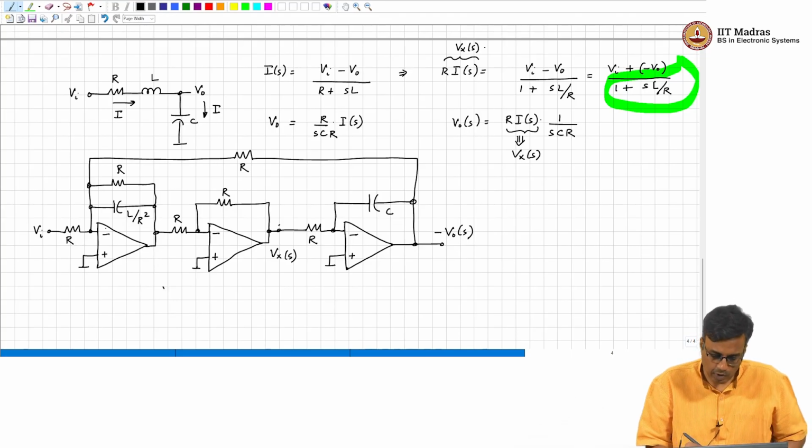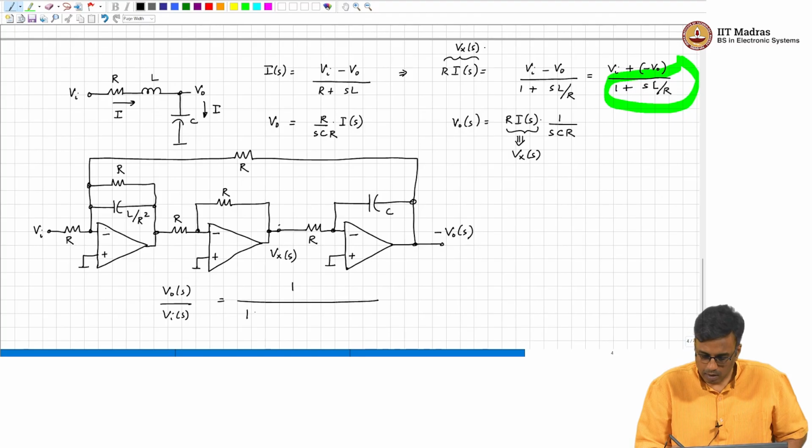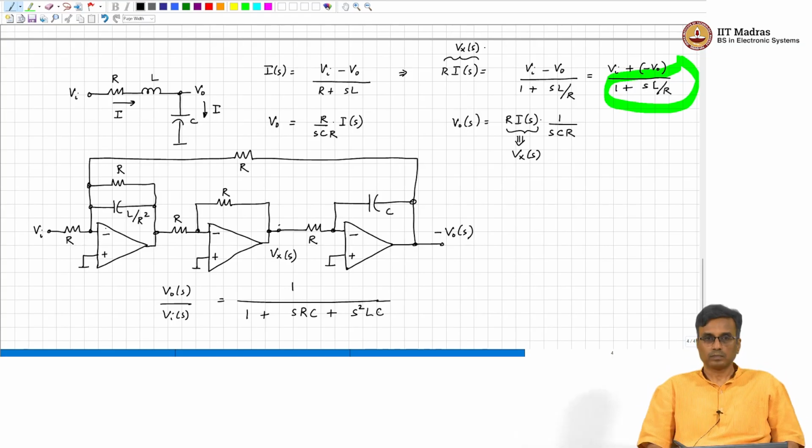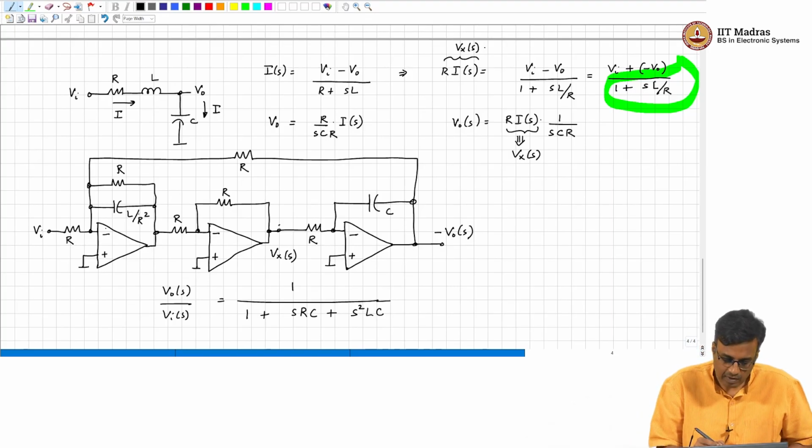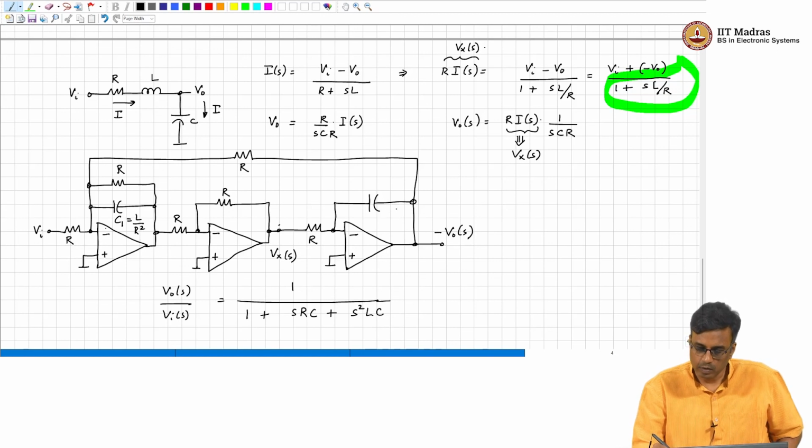And so, the transfer function Vo of s by Vi of s is nothing but 1 over 1 plus SRC plus s square LC. Okay, where this capacitance, if we call this C1, must be chosen as L by R square, this is C2.